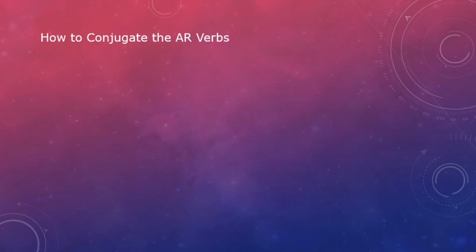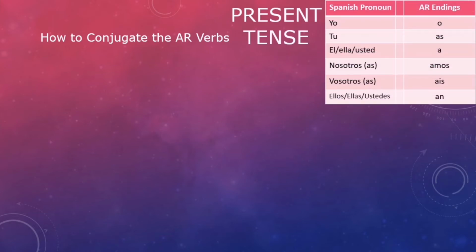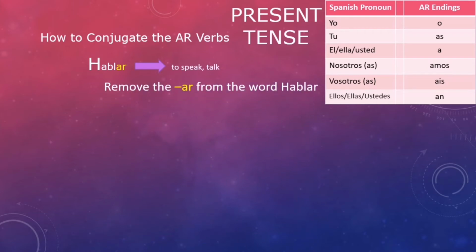How to conjugate the AR verbs in the present tense. I indicate the table so that we have guidelines on how the AR endings correspond to your Spanish pronoun. Again, the word hablar means to speak. Remove the AR from the word hablar.